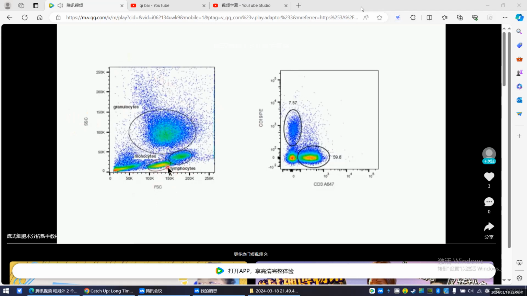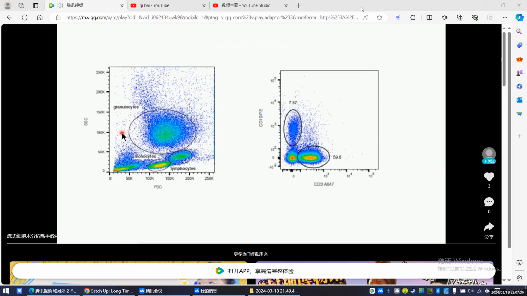The cells in this circle are lymphocytes, in this circle are monocytes, and in this circle are granulocytes. So based on FSC and SSC, you can differentiate that in PBMCs you have three types of cells: monocytes, lymphocytes, and granulocytes.